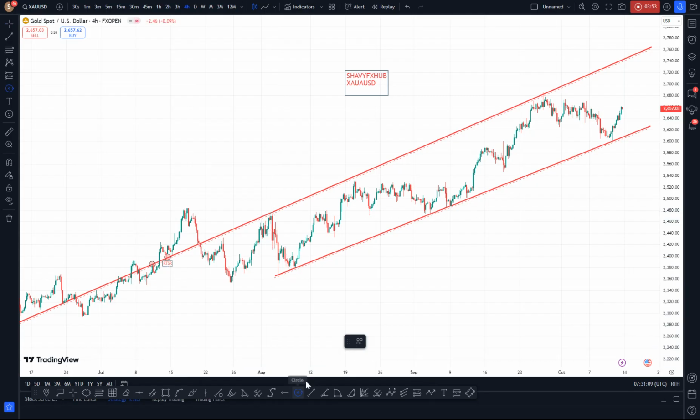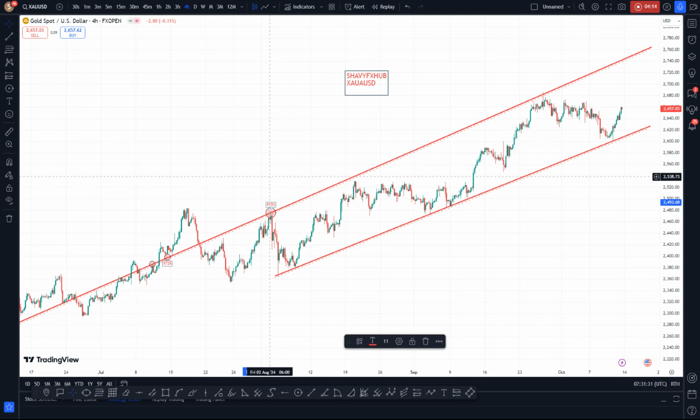So we're also going to label it. It's also a retest candle, and we will label it as RT, ROS. It's a retest candle, and a resistance becomes support.